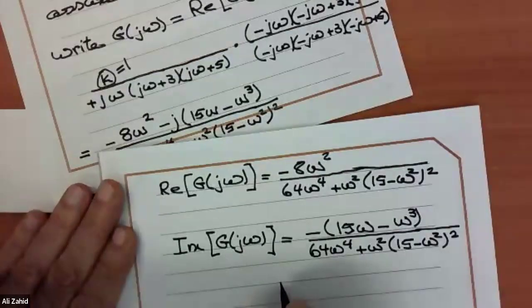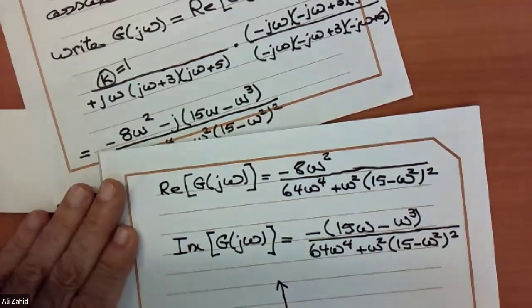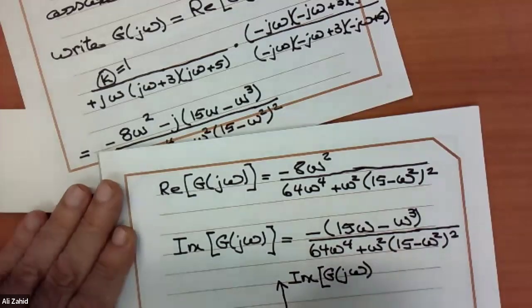I'm going to sketch. This is the real part of G(j omega). This is the imaginary part of G(j omega).